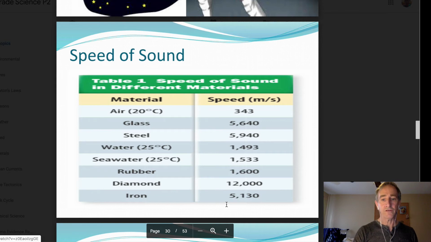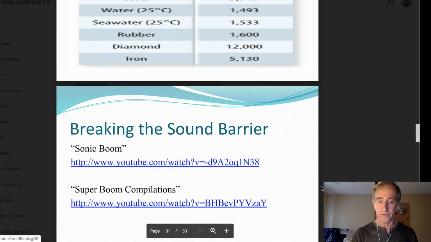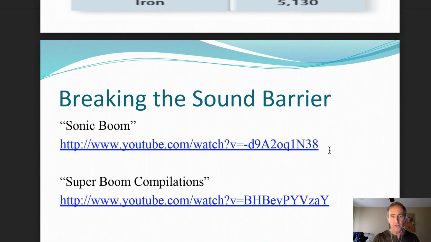Here's a speed of sound table, and diamonds have the fastest speed of sound, tightly packed molecules. And we'll watch this video.